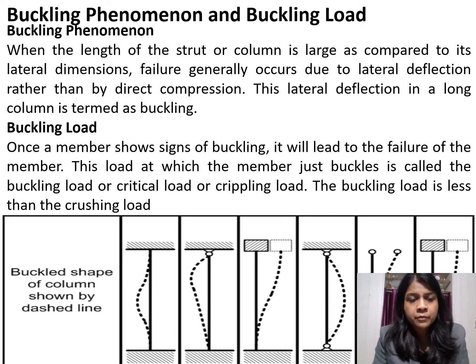Means for a long column, the buckling will occur due to the development of bending stress before the compressive stress is developed. So that phenomenon is called the buckling phenomenon.